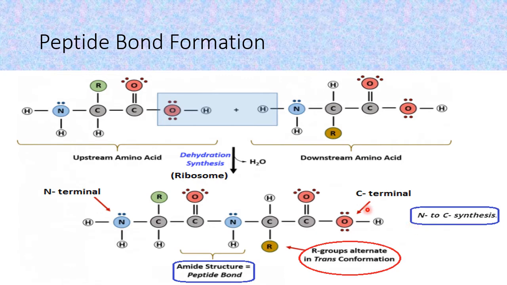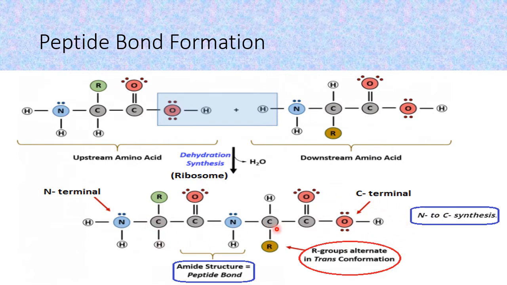So we say that translation proceeds from the N to C direction, because the upcoming amino acid, its amino group, will react with the carboxyl group of the existing chain.